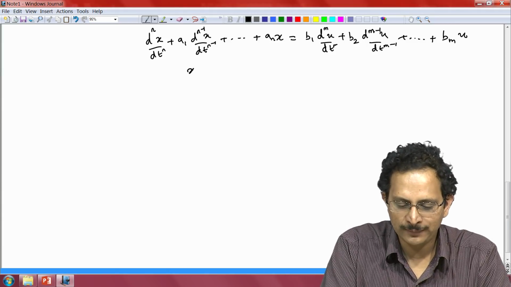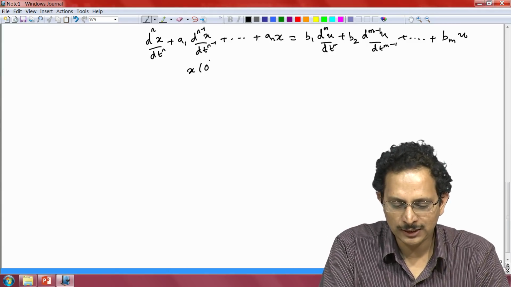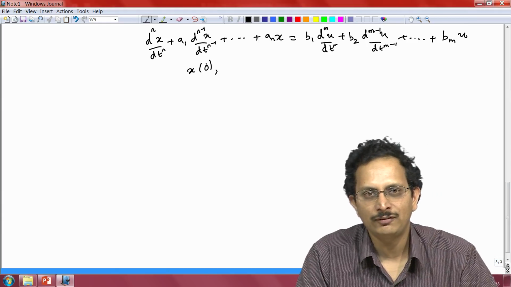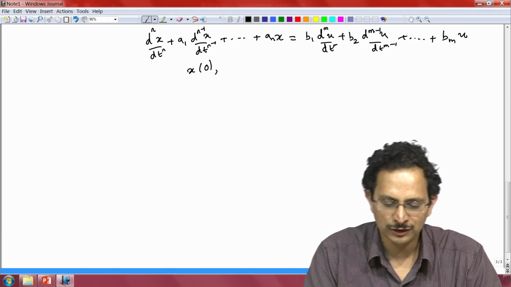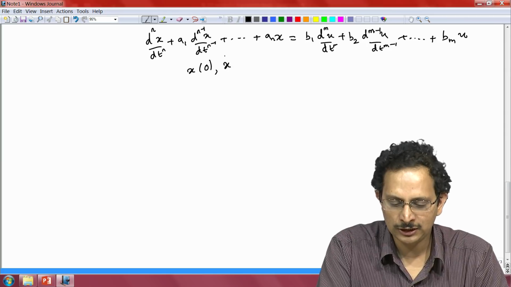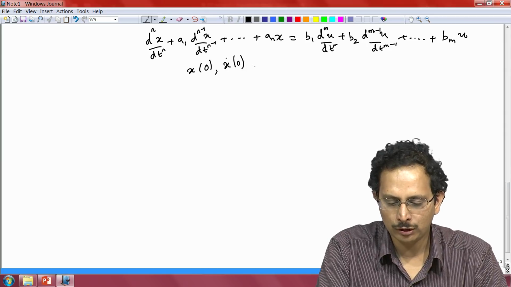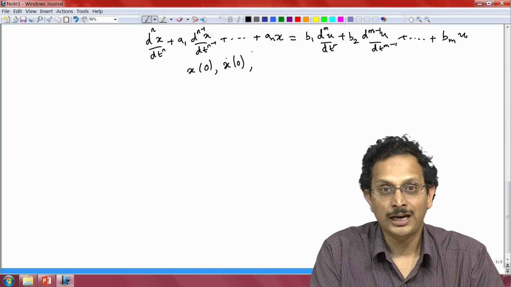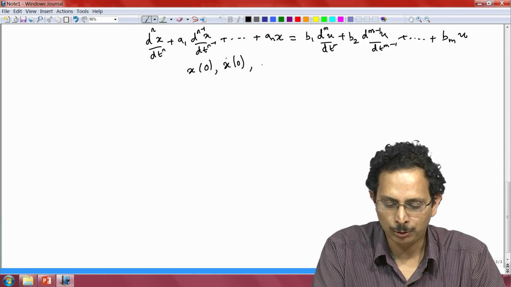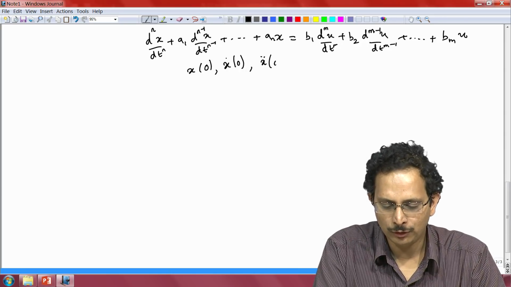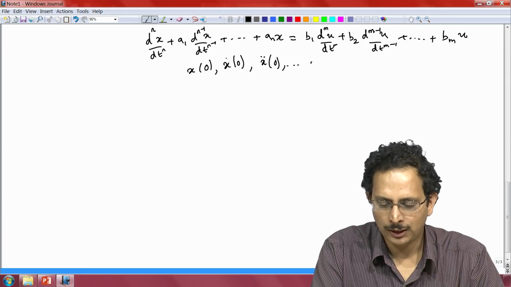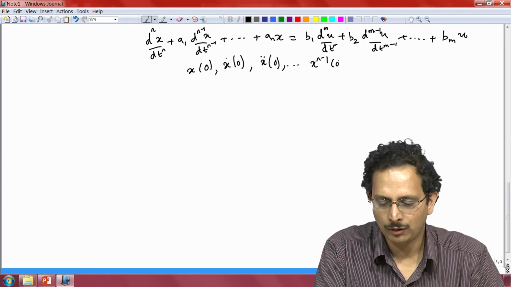So, we shall specify n initial conditions, because on the left hand side we have an nth order differential equation. So, the n initial conditions are x of 0, x dot of 0, which is the time derivative of x at the time t equal to 0, x double dot of 0, and so on and so forth up to x^(n-1) of 0.